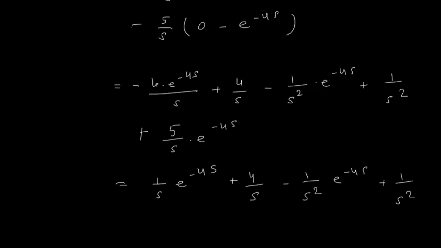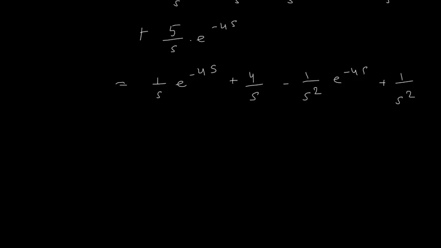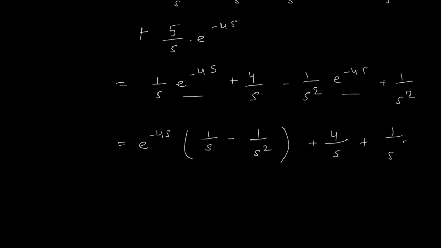If you want to simplify it further, you can take this e power minus 4s common. So if I take e power minus 4s common, I will get 1 upon s in one bracket minus 1 upon s square, then plus 4 upon s plus 1 upon s square. Okay, this is our final answer.